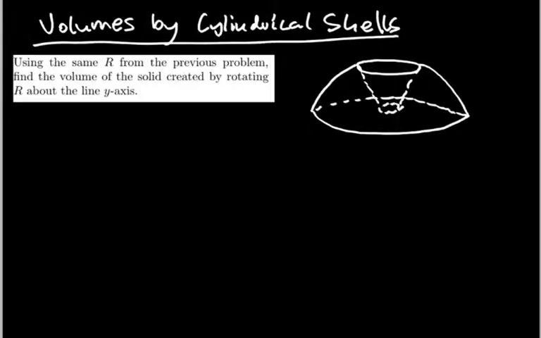So this is what the shape looks like. If we were to take a cylindrical shell, so take this little blue thing, and take a bunch of these and actually expand them outward. So this is actually going to be a dx integral.